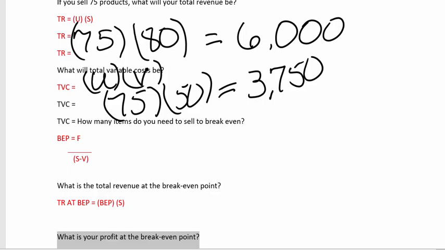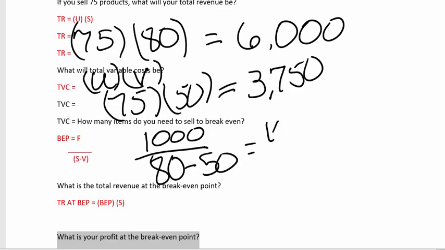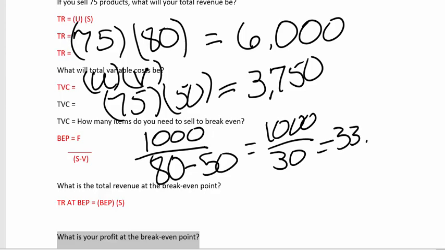So to calculate this, you take your fixed costs, which are your $1,000, and you divide that by your sales price of $80 minus your variable cost of $50, which gives you 1,000 divided by 30, or 33.33 units. So at 33.33 units, we're not going to make money, we're not going to lose money, which means anything above 33 1/3 units, we're going to make a profit. Anything below 33 1/3 units, we're going to lose money.